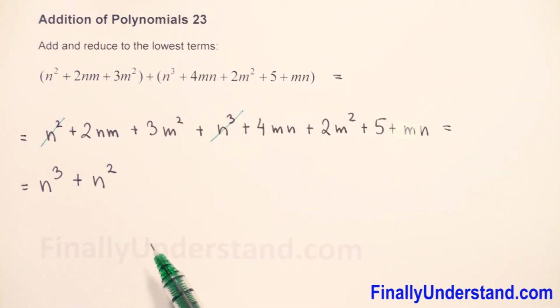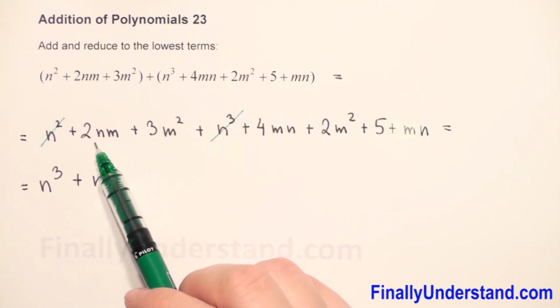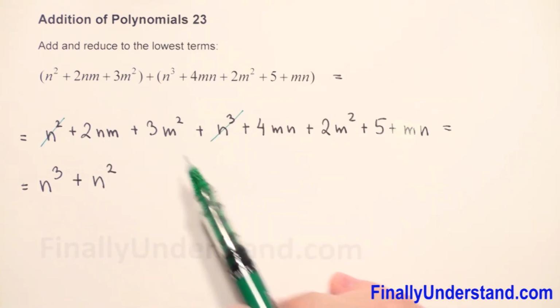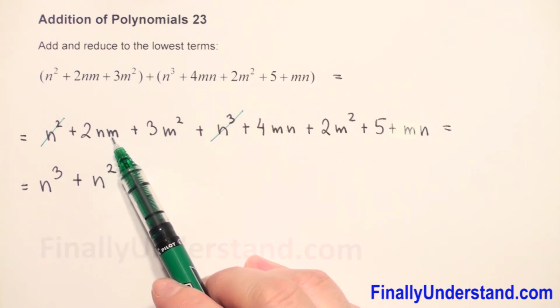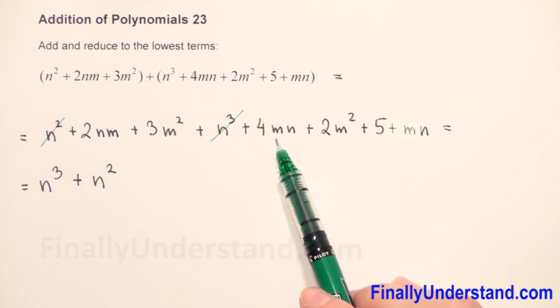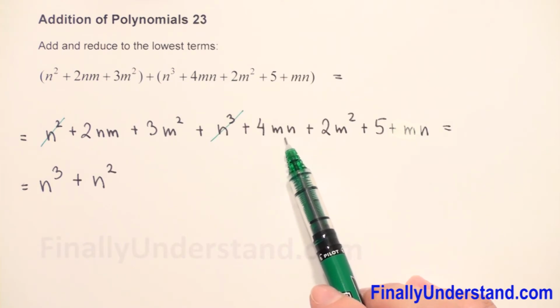Next we have 2nm and 4mn. When I multiply n times m or m times n, it is multiplication, so it doesn't matter if I put first m or n, it's still the same value when we multiply these two variables.